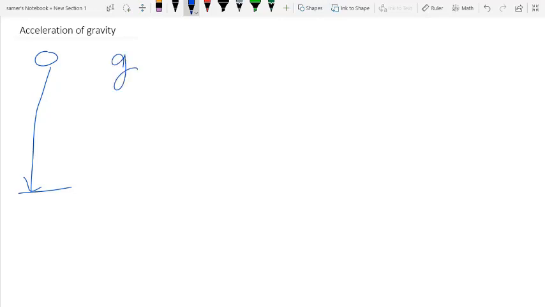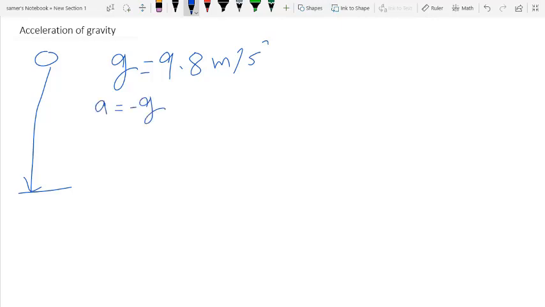Now, the acceleration of gravity applies strictly only in free fall, and by free fall we mean motion under the influence of gravity alone, neglecting air resistance, and it is approximately equal to 9.8 meters per square second. That means that if we have constant acceleration, then we can apply the equations of motion, but instead of writing a, we have to write g, and since g is directed toward the Earth's surface, or downward, the acceleration in this case will be minus g.